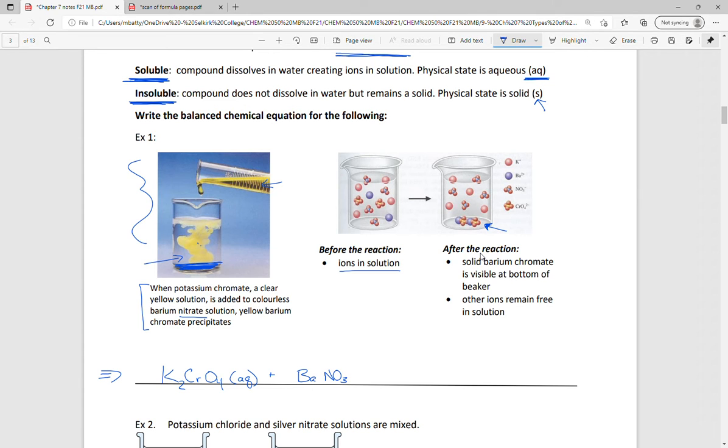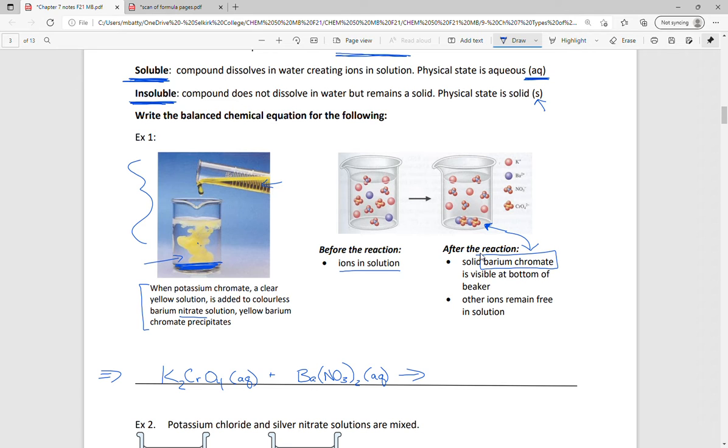Nitrate is -1, barium is a +2. So crisscrossing these up, we'd have the formula for barium nitrate like that, and it is an aqueous solution. It's a homogeneous mixture. So before we have all of these things in solution, after we have the barium chromate visible at the bottom of the beaker.